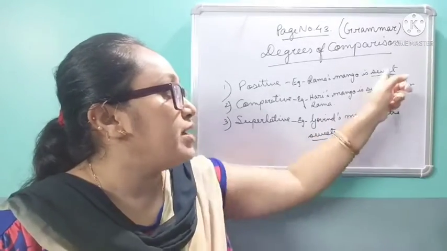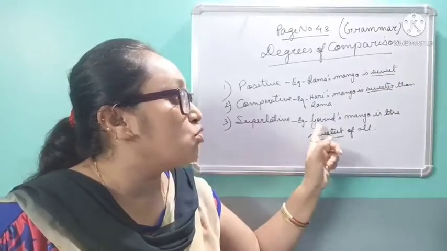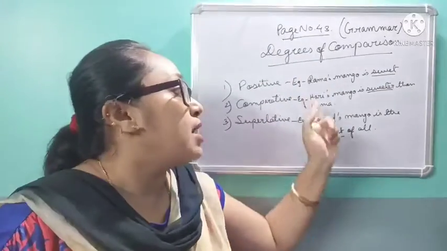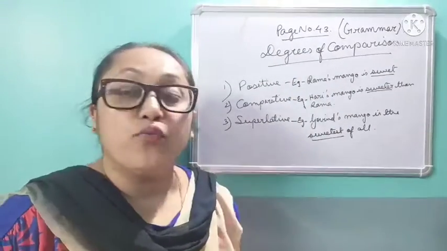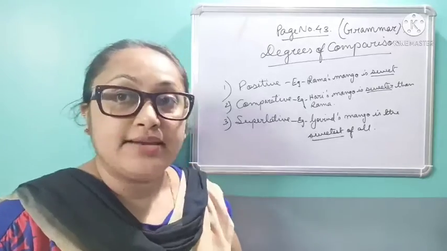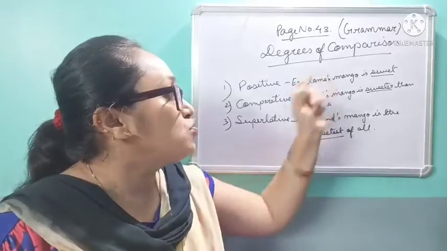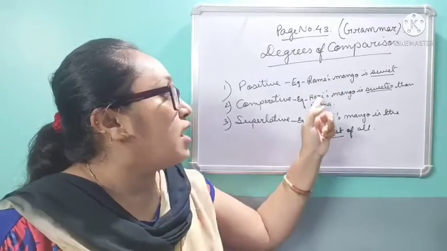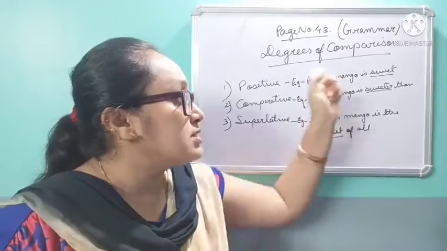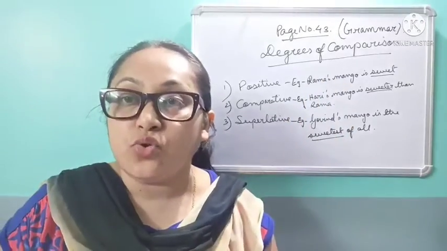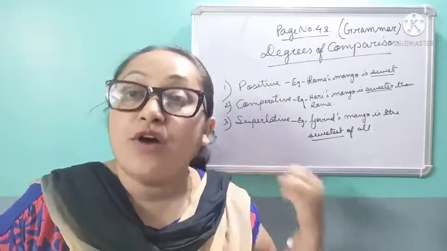Sweet, sweeter, sweetest. That means Govind's mango is sweeter than Rama's and Hari's. We are talking about three people, Govind, Hari, and Rama, more than two. So it is the sweetest of all.